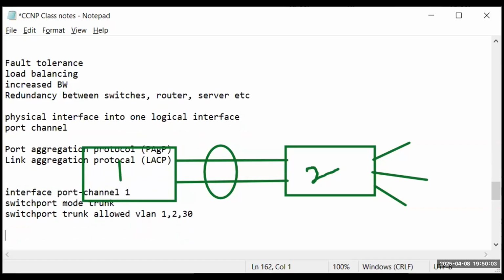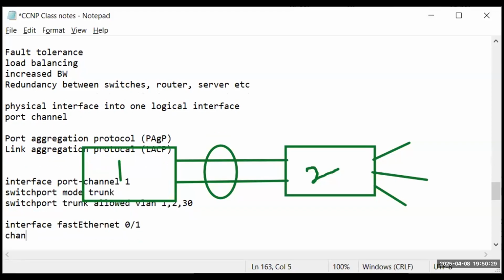Now comes the physical interface. This interface is FastEthernet 0/1 and this interface is FastEthernet 0/2. Now we want to combine these two interfaces. So go to configuration mode, interface FastEthernet 0/1.